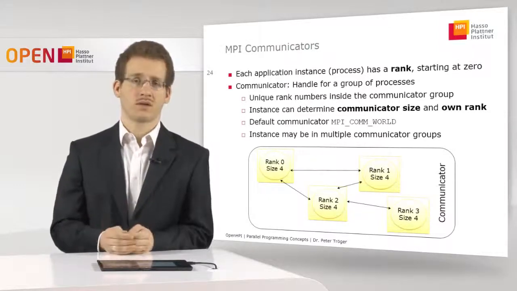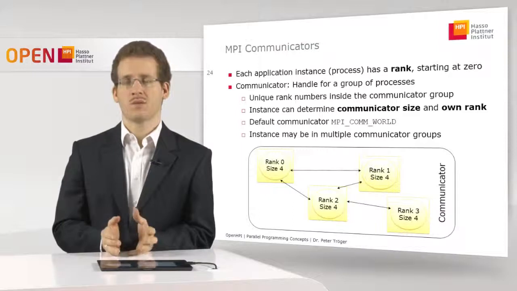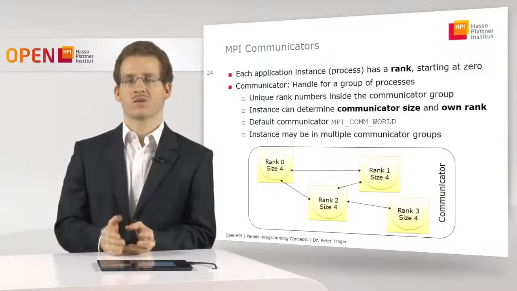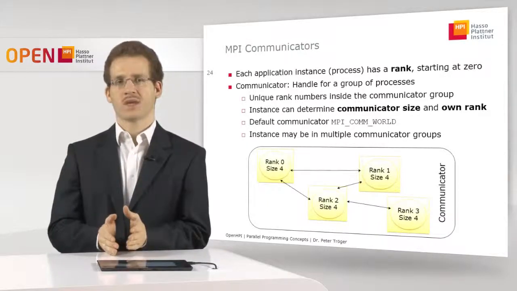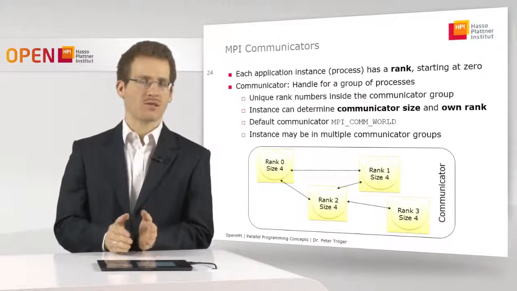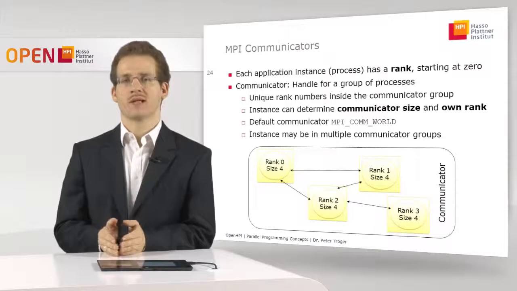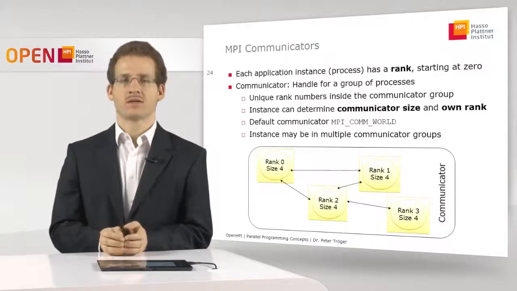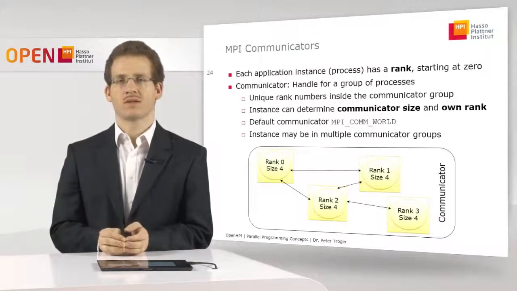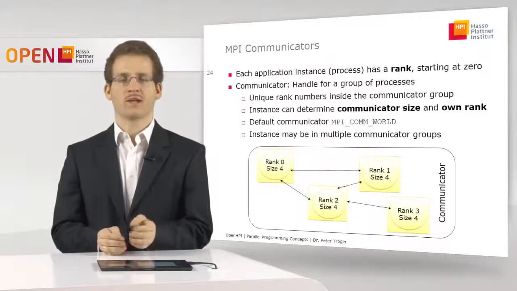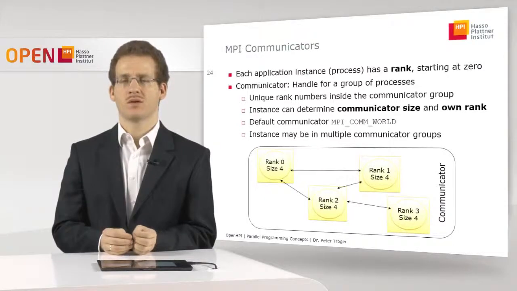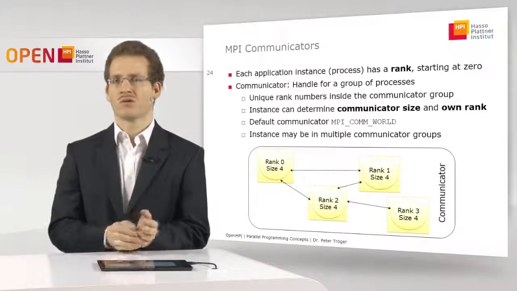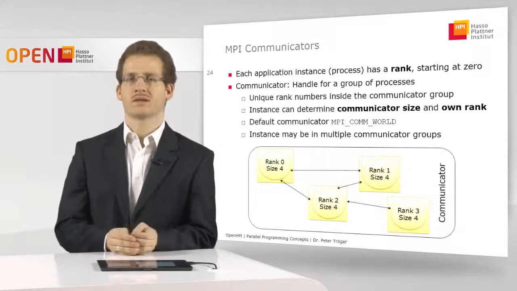You can also define your own subgroups, but typically MPI applications rely on the world communicator in order to have all the different instances of the same application within reach. Inside the communicator, each and every process has a dedicated rank, so you can target a particular instance with your messaging by just using its rank number, and the underlying library will then know where this instance is living and how to route the message to this particular instance in the system.